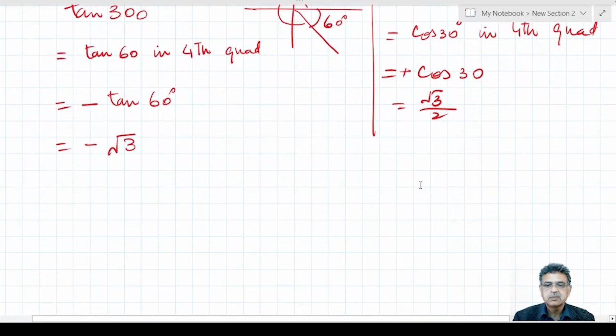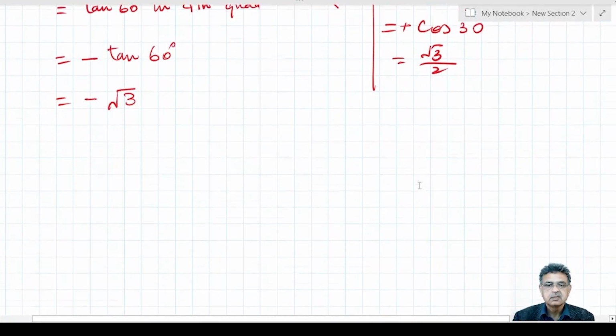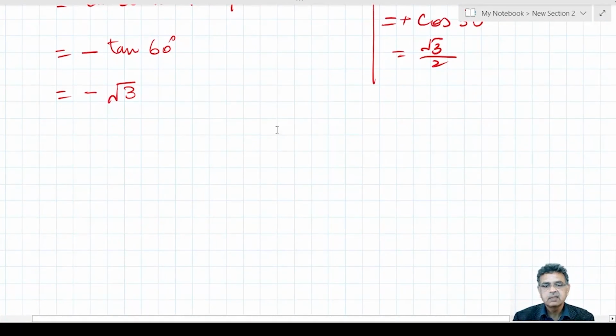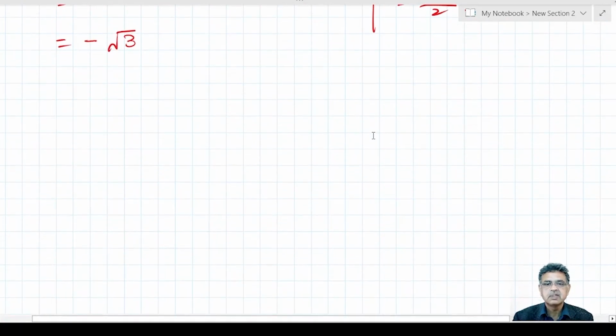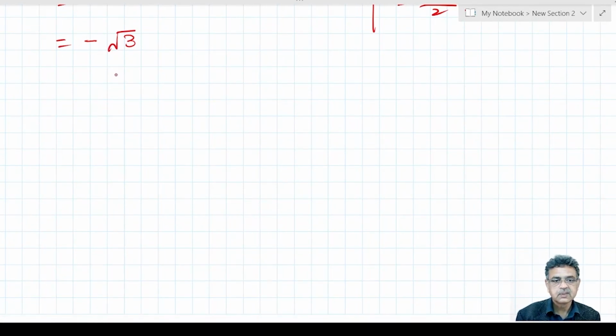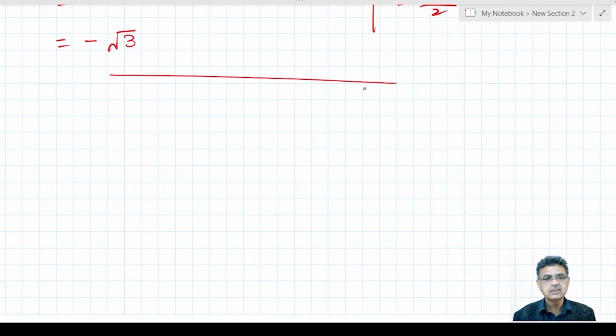So it's very important to practice such things, because without these concepts it becomes very difficult to understand, because only a calculator cannot help you. A calculator cannot tell you which quadrant it lies in. So it is very important to learn these basic things.